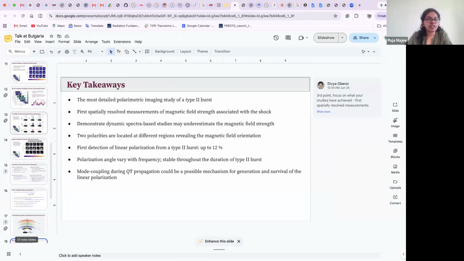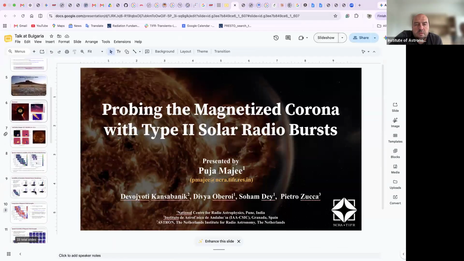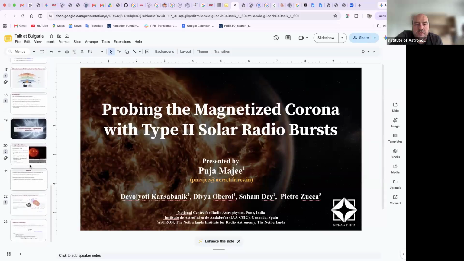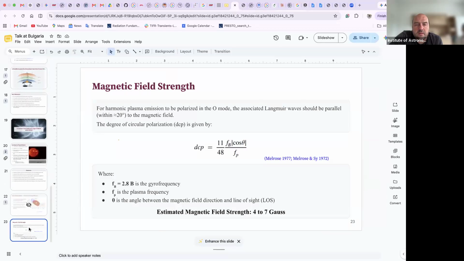Yeah, sure. So the first question is, can you say a few words about how the magnetic field is estimated from the circular polarization? Okay, sure. And the second question is, have you checked how this linear polarization behaves as a function of frequency? Because from slide 17 that you showed, it seems like you would get much more linear polarization at the lowest frequencies, because the frequency of emission is lower, right?